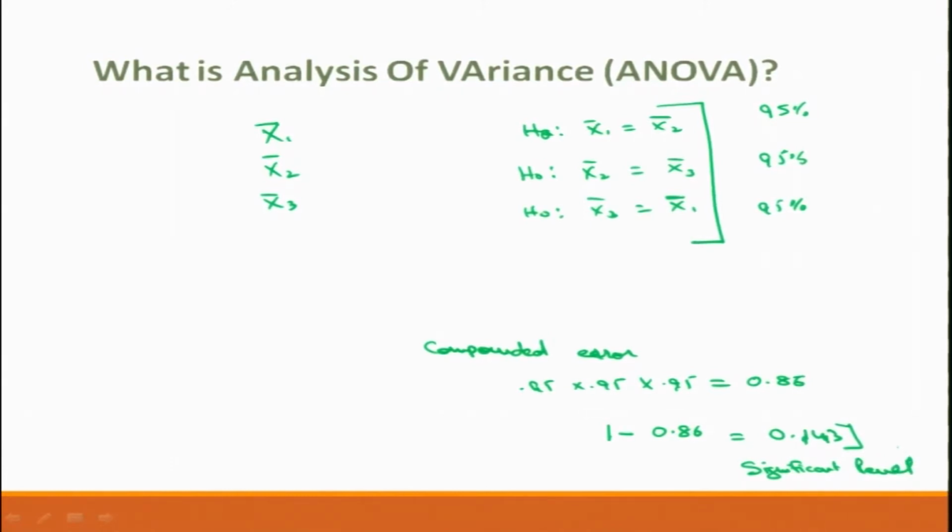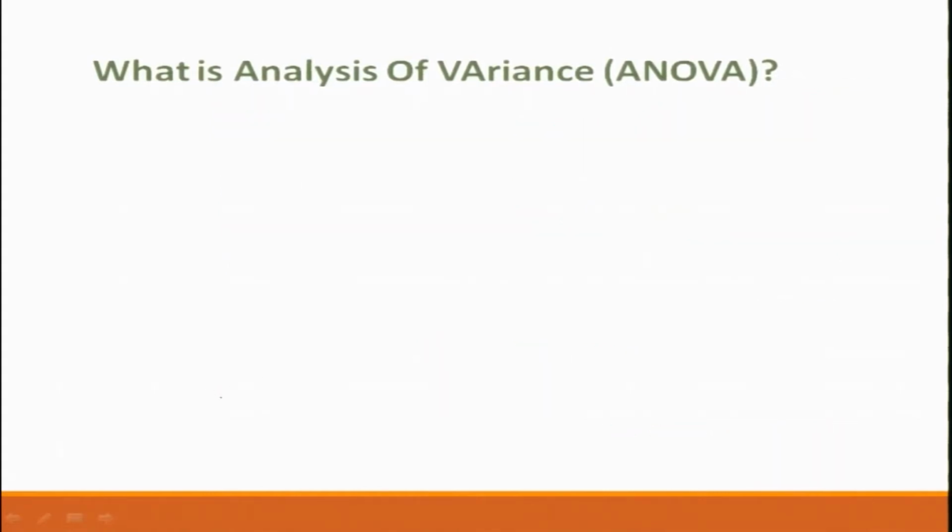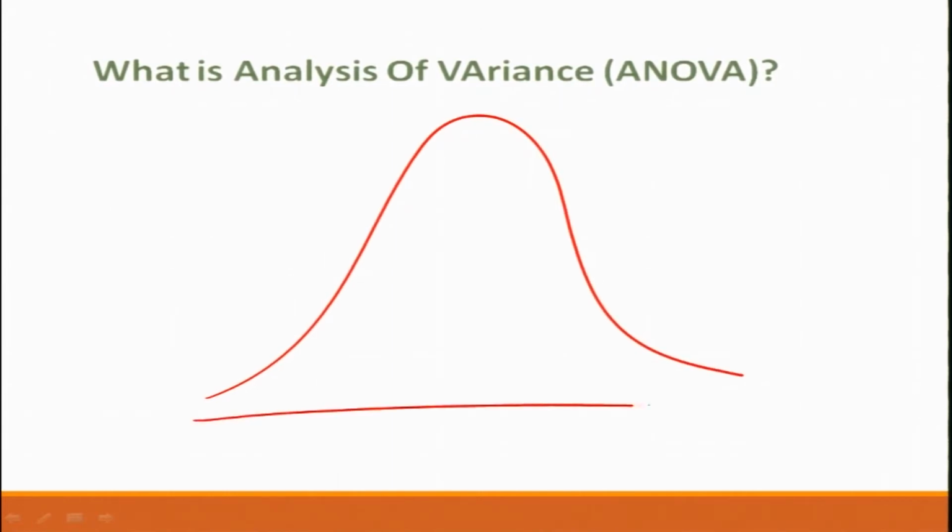So, we can use ANOVA to test all these three groups together; three or more, multiple groups can be tested together. So, this is what ANOVA would do. You know what is variance? Variance is the spread.